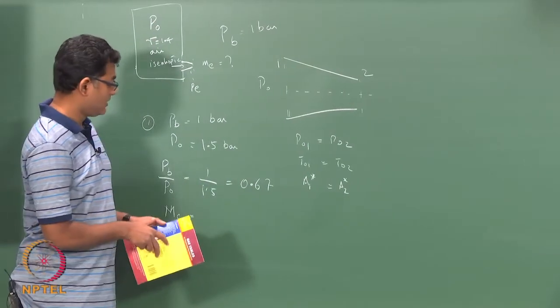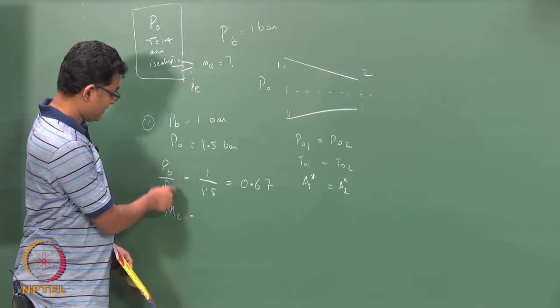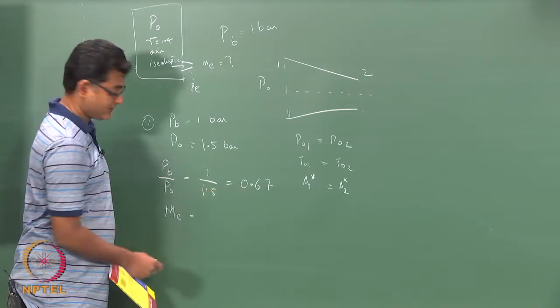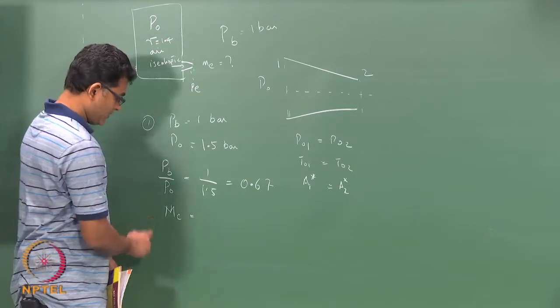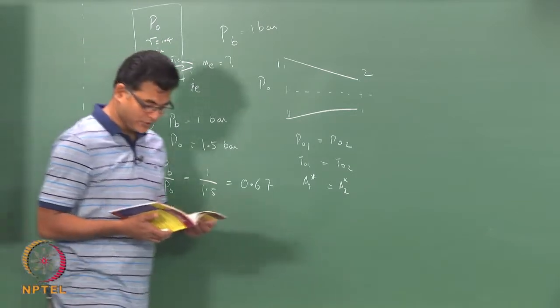With this assumption, I have taken the ratio PB by P0, from which I can find a Mach number, either using the tables or the relation.